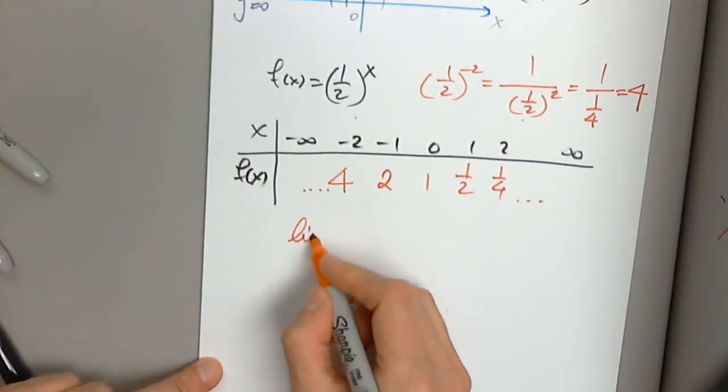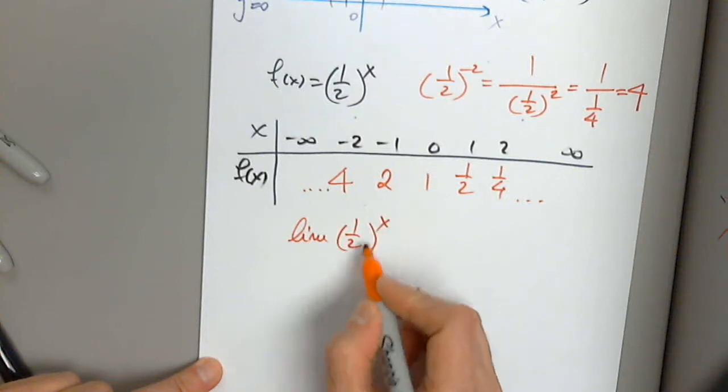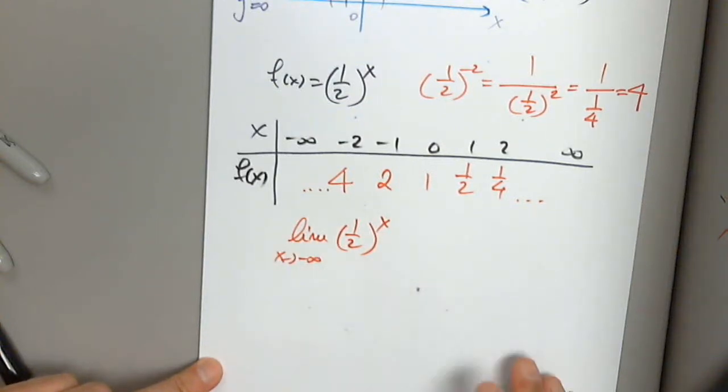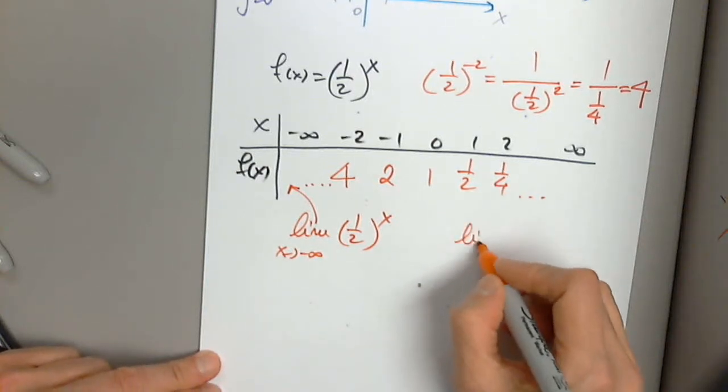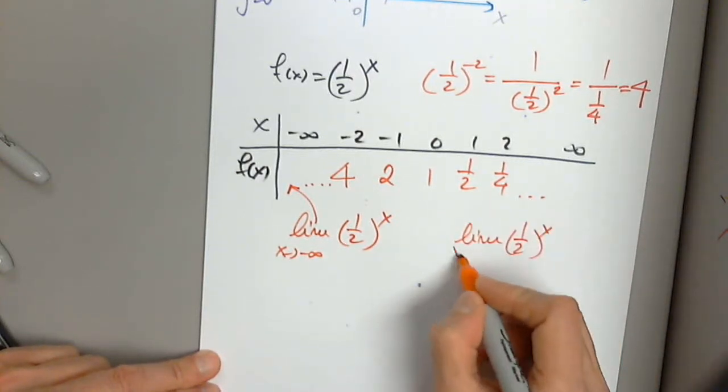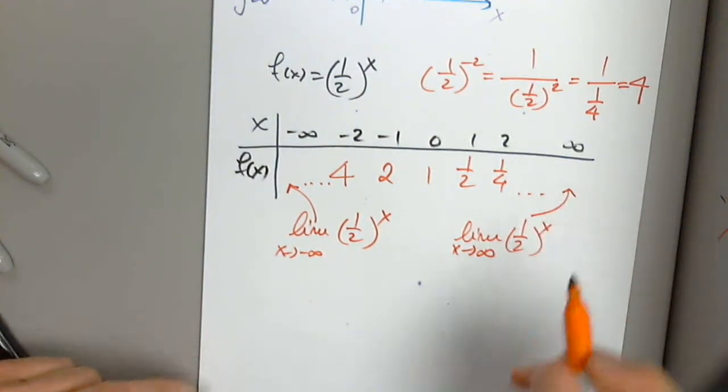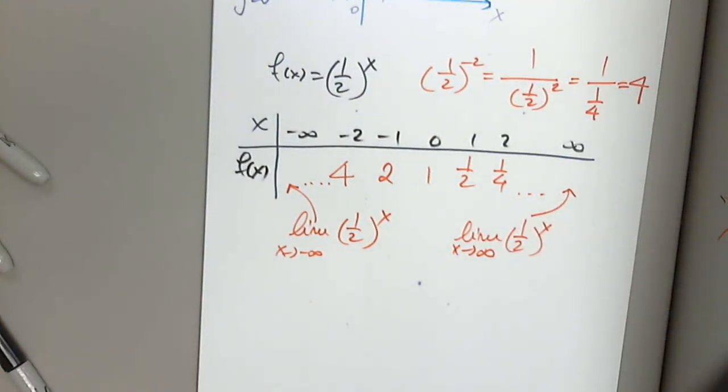So let's find the limit of 1/2 to the x as x approaches negative infinity, and the other one, the limit of 1/2 to the x as x approaches infinity. Let's start with this one. You can think of 1/2 to the x as 1 divided by 2 to the x, because 1 to the x is still 1.